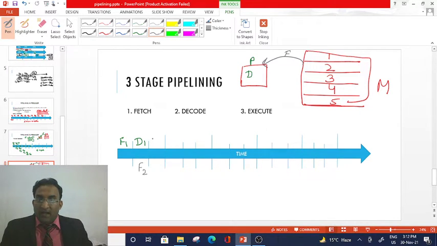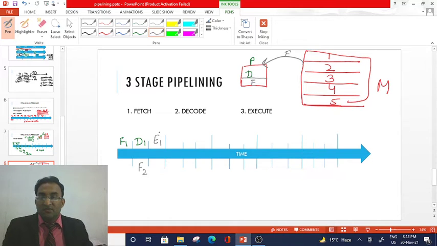Now after the decoding of the first instruction, the stage remaining for the first instruction is execution. So in the third cycle, execution of the first instruction is taking place. Execution is again done in the processor, and decoding and execution are two independent processes. So fetching, decoding and execution are three independent processes.